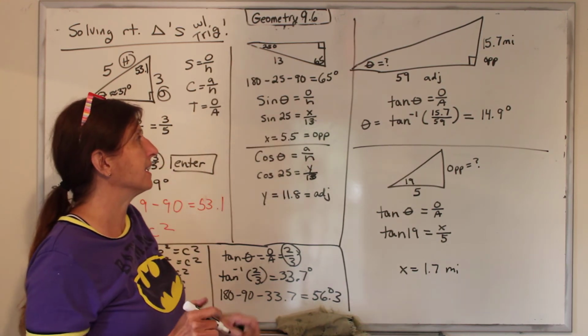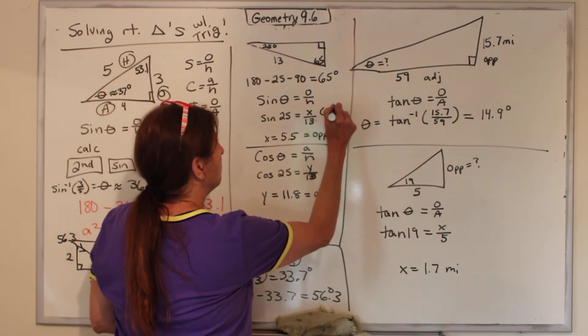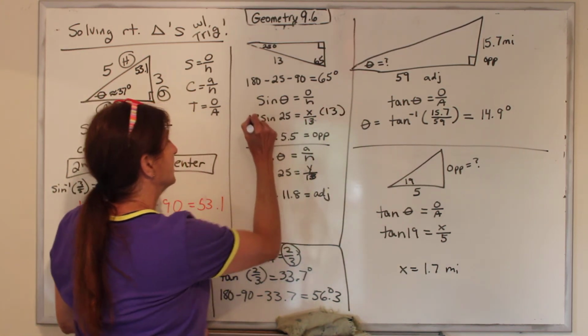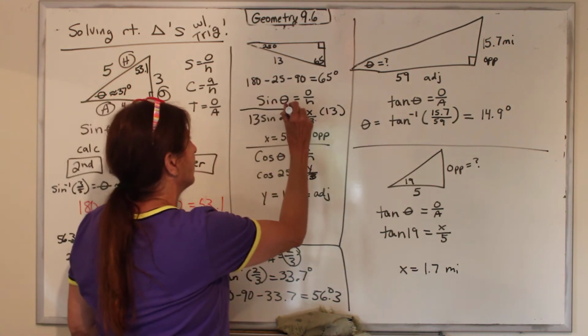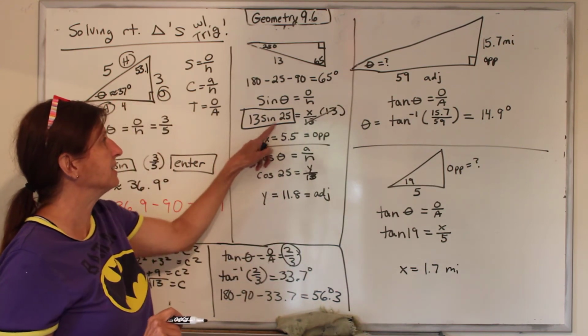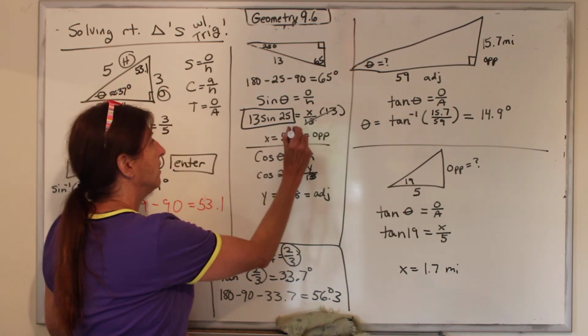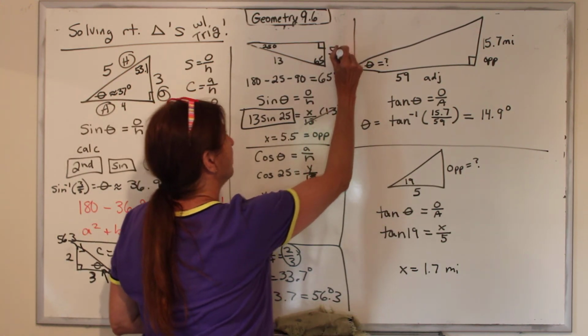So why is x not alone? It's being divided by 13. What's the opposite? Multiply by 13. What I do to one side, I do to the other. And you can just type it into your calculator exactly like that. Those cancel out. 13 sine 25, and it will tell you that the opposite side is 5.5.